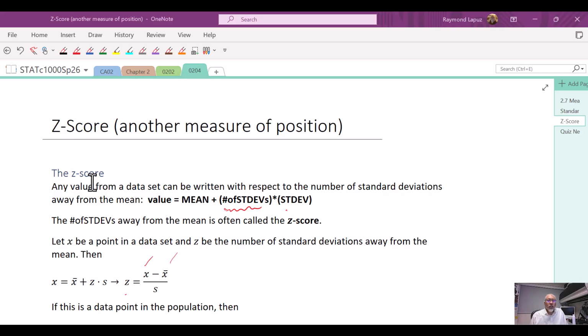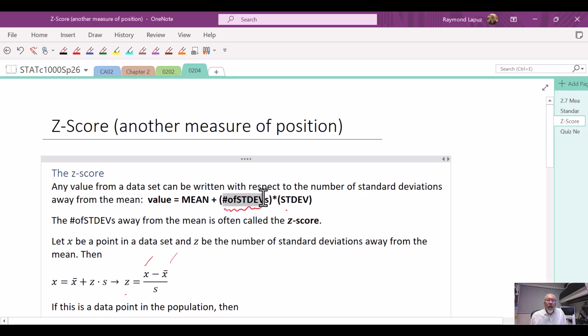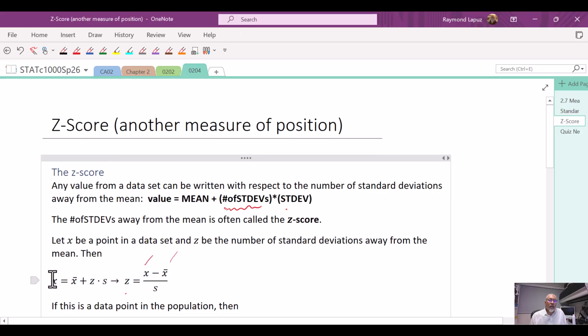But another way to measure your position is to ask yourself, how many standard deviations away are you from the mean? So if you take your mean and then you find the standard deviation and then you move yourself this much, what is going to be your x value? This is the formula that this bold-face statement refers to: the x value is equal to the mean plus some standard deviation times some number.